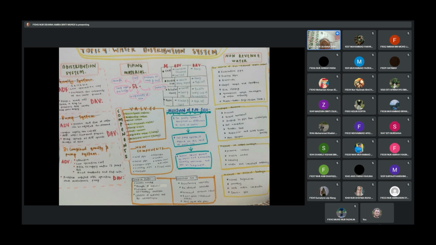There are six factors in piping material: cost, pressure at work, durability, workability at site, availability, and strength. The topic also has components, and the component is valves. Then there are main components, selection of pipe sizing, and non-revenue water.